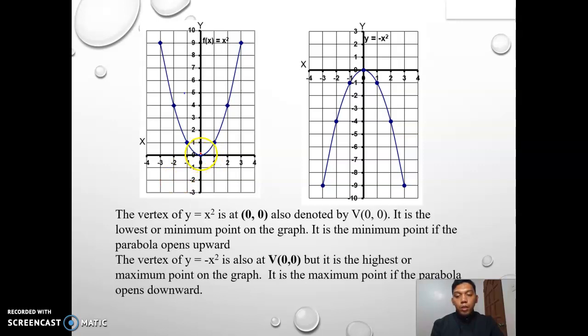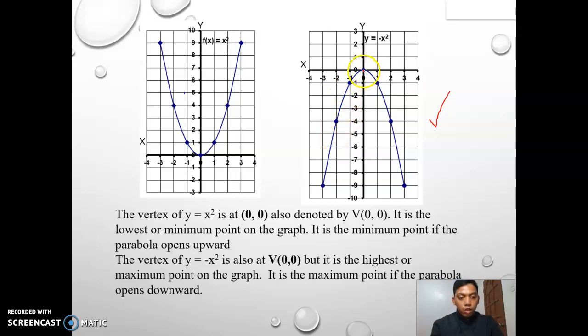It is the minimum point if the parabola opens upward, just like I said earlier. The vertex of the other graph, the function y equals negative x squared, is also V(0, 0), but it is the highest or maximum point on the graph. When you say highest, it's like being on top of a mountain.